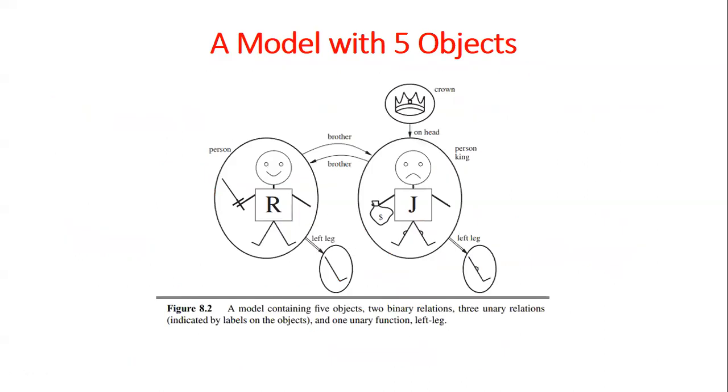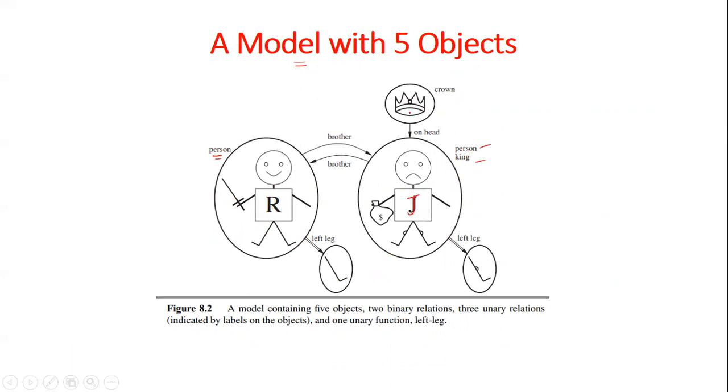Here is one example of a model that is represented using FOL. Basically, what this model represents is that there is a person Richard. Here R represents Richard. Richard is a person. And there is another person, John. John is also a person, but John is also a king.